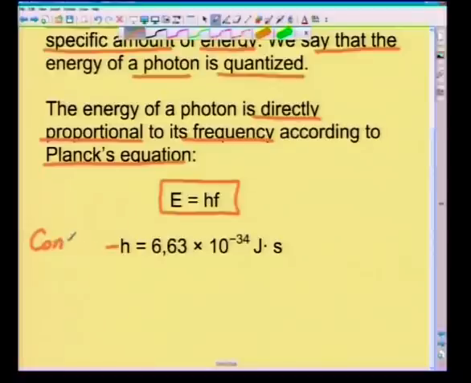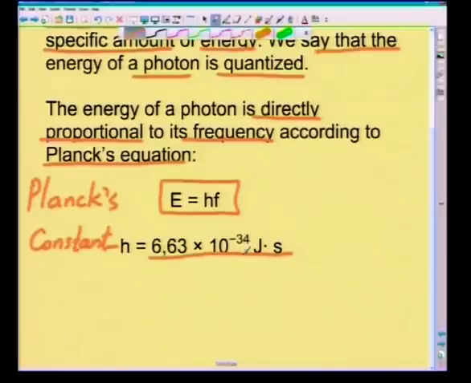It is called Planck's constant, and it is always 6.63 by 10 to the power minus 34 joules second.